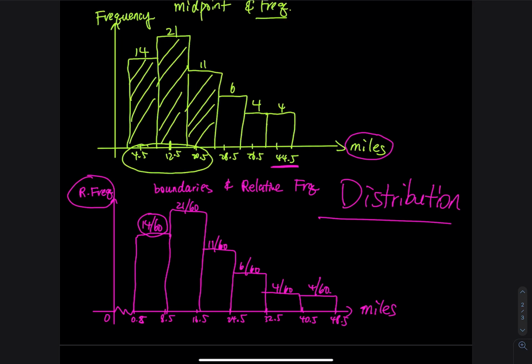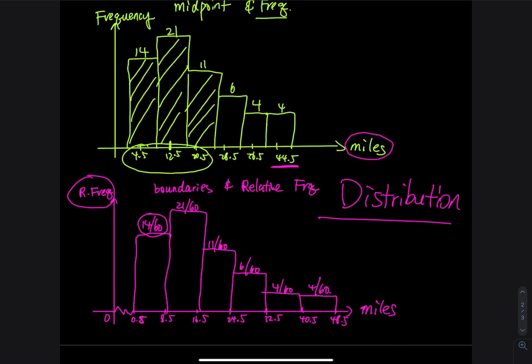Now, distribution, just picture this in your mind. You have 60 numbers on your paper. Now, close your eyes, listen to me, just picture this in your mind. You use your hand, grab those 60 numbers, all right? Ready? And then you throw those 60 numbers onto an XY axis, onto a blank histogram.